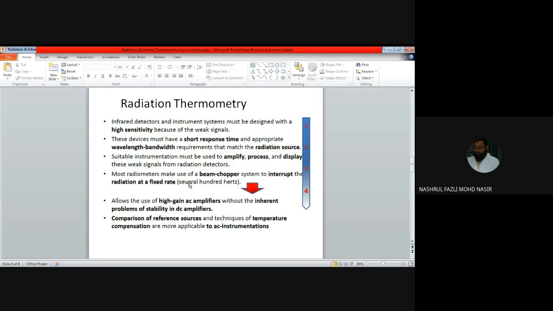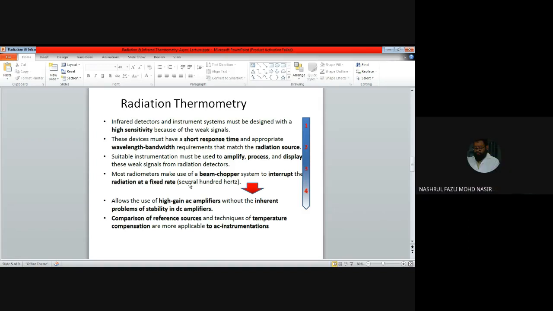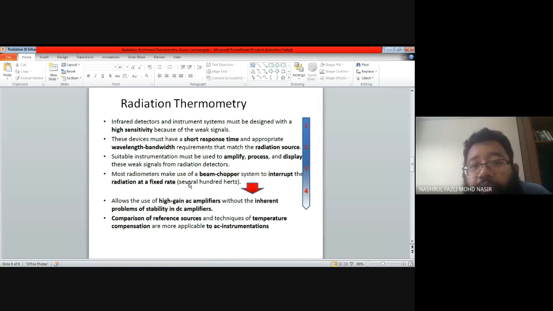So that's why, before COVID, this type of thermometer was maybe not that popular compared to even the mercury thermometer or the alcohol thermometer. But because of COVID-19, this type of thermometer became increasingly popular.